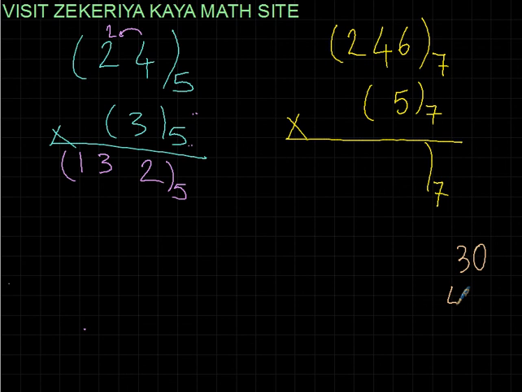I can find 4 times 7. 4 times 7 makes 28. 30 minus 28 makes 2. So, I write the remainder in this place. And we took 4 7s out for the next part. So, for the next part, we already have a plus 4. Firstly, we need to multiply.